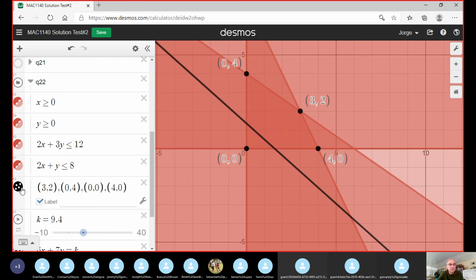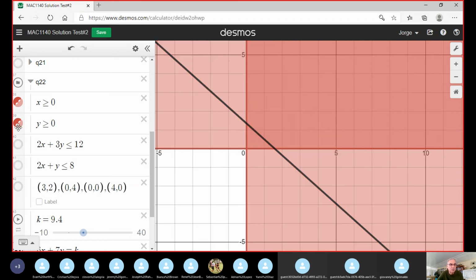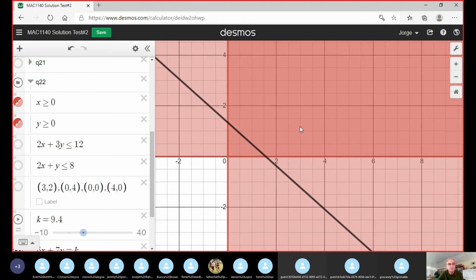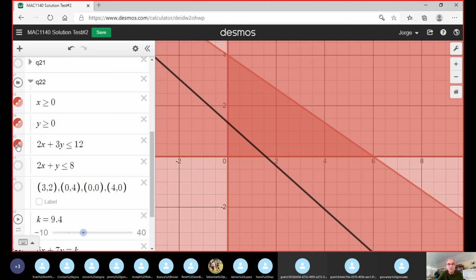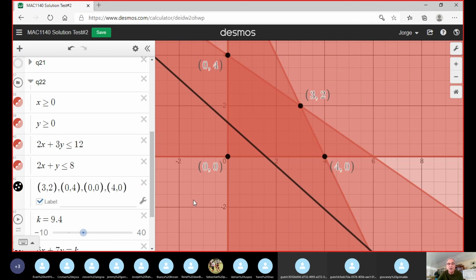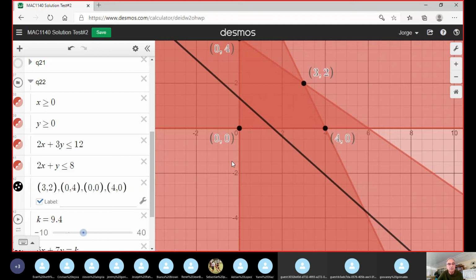Let me delete everything. No, don't delete, just enable. X equals 0 and y equals 0 is the first quadrant. This is my third inequality, my fourth inequality. Now the corner is this corner. I put it in black color. This is the value for the x and y point at each corner.